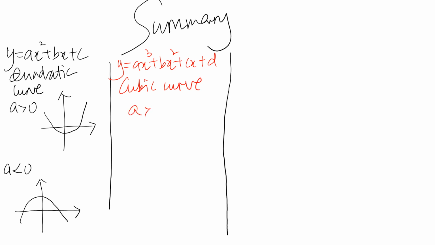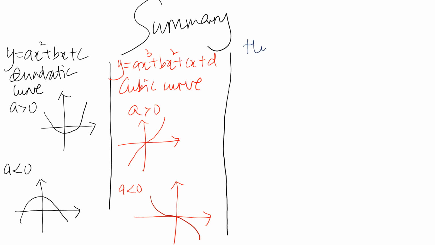If a is more than 0, it will be a lady with one arm up, one arm down. If a is less than 0, the same lady, but the other way around. Now the arm goes this way and then down. Okay, and then we also have learned our hyperbola curve, which is y equals 1 over x.